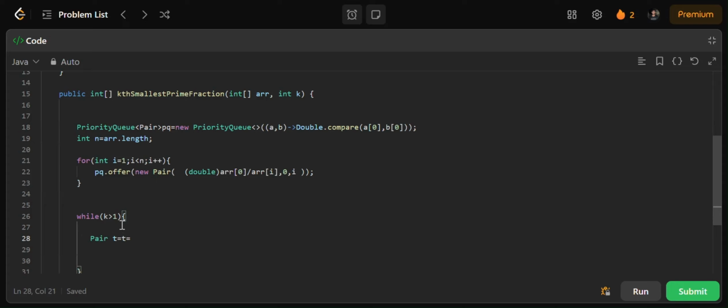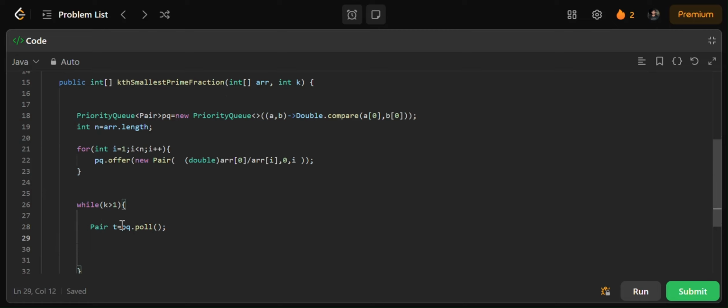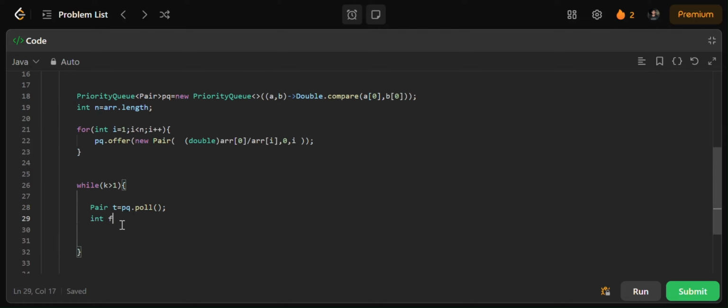This will give me the first element, that means the current smallest element. The current smallest will be given from the priority queue top, and we know the first index is t of first and the second index is t of second. This gives the current element's first index and second index.